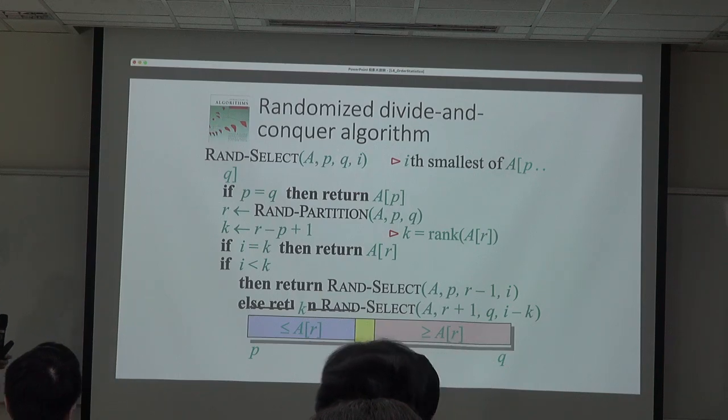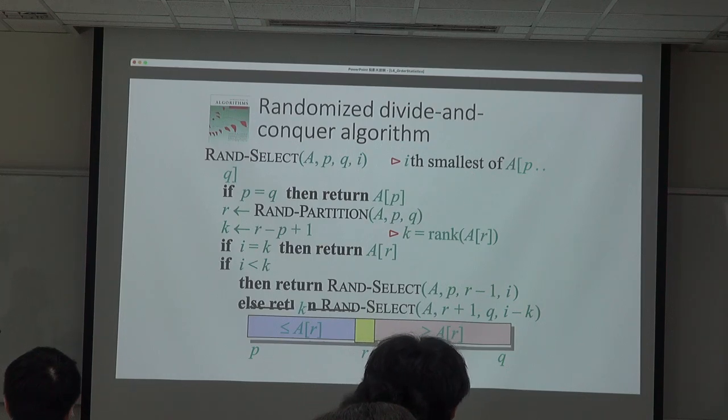So the idea is that if we could use that partition to help us find the ith rank number, it will be a good idea. So this is rank select. In this rank select, we have an array A, and P, Q, and i.